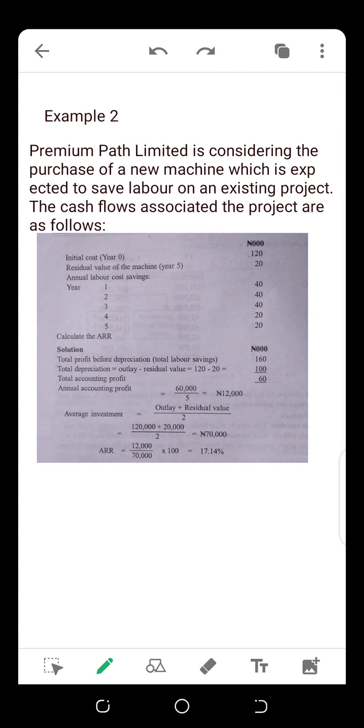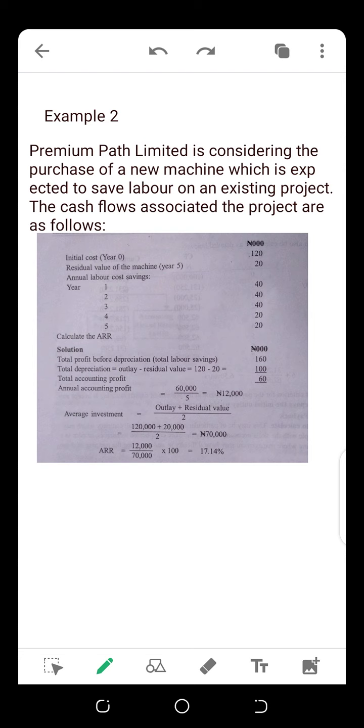So the initial cost for year 0 is 120,000. Residual value of the machine, at the end of year 5, is 20.